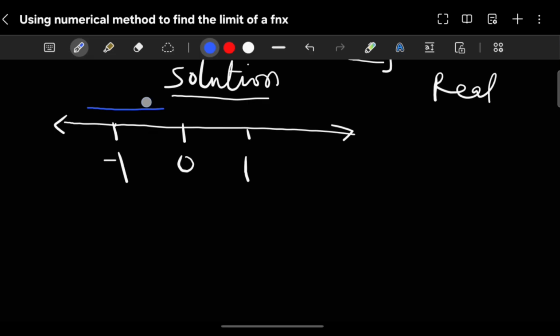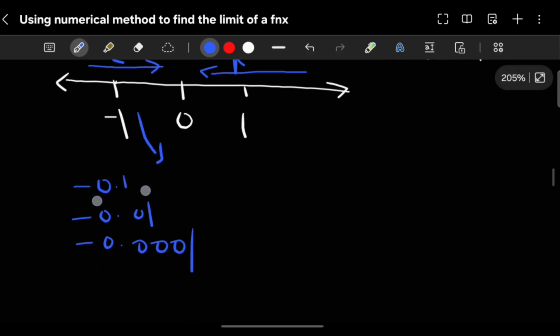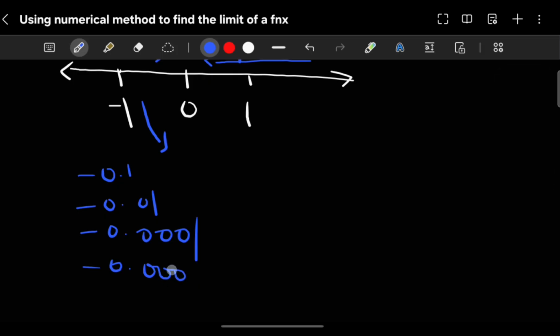So when x is approaching 0 from the left hand side, and this is when x is approaching 0 from the right hand side. From the left hand side, a number that is approaching 0 but is not yet 0 is going to be -0.1, -0.01, -0.001, -0.0001, -0.00001.